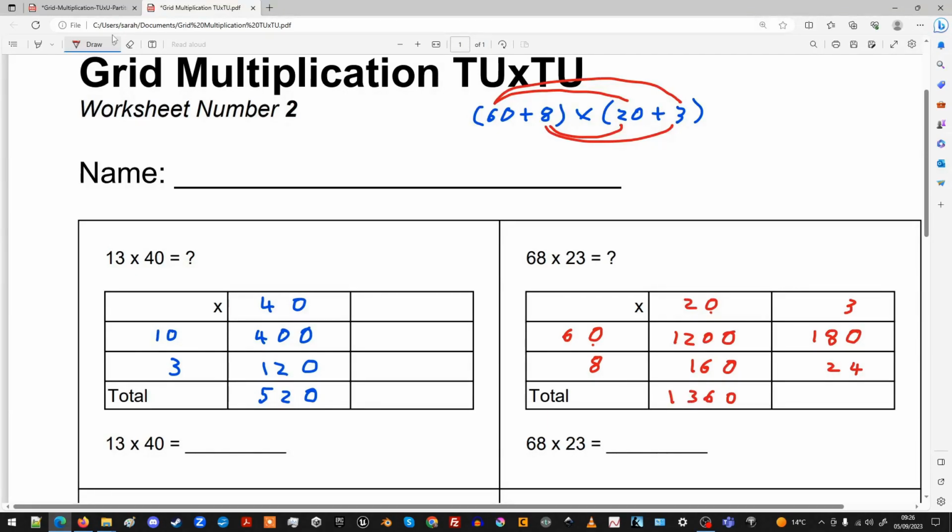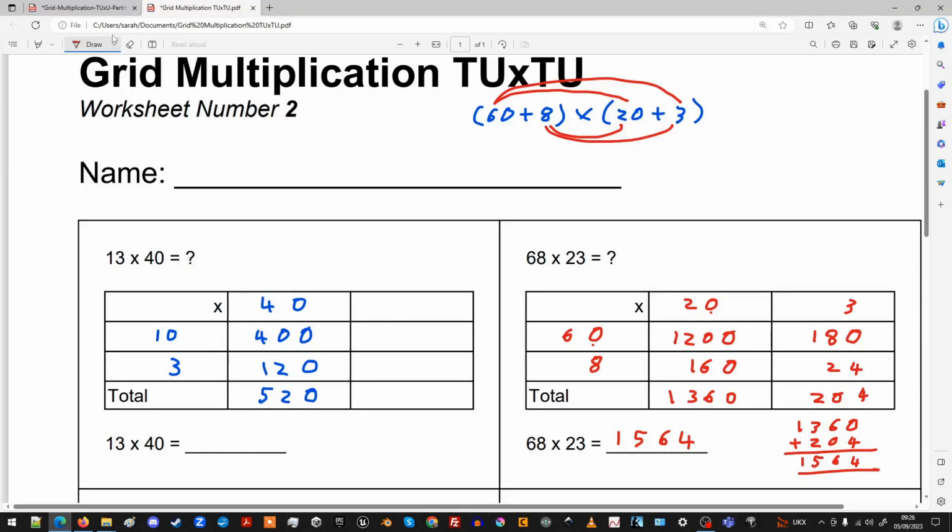And add those. And then finally add those. So those 4 bits get added up. And that's the final answer, 1564. So that's how you do grid multiplication.